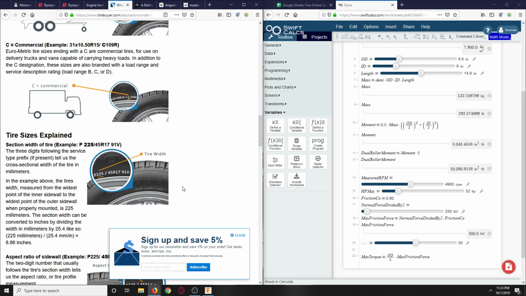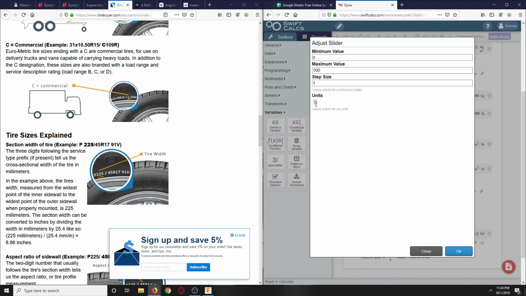So I'm going to do a calculator here: rim size. Generally they're in inches, so rim size in inches, and the minimum is 1 and the maximum I'm going to say is like 30.